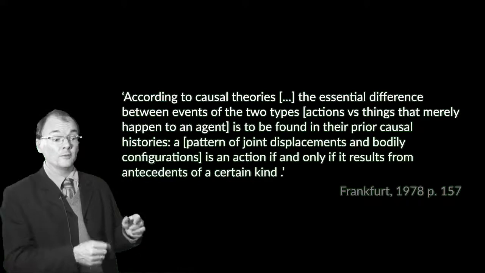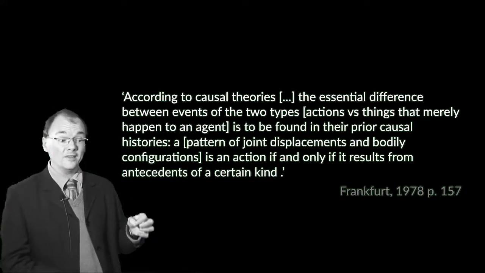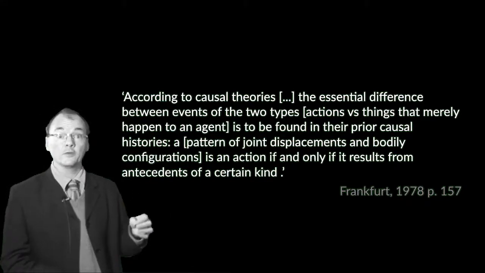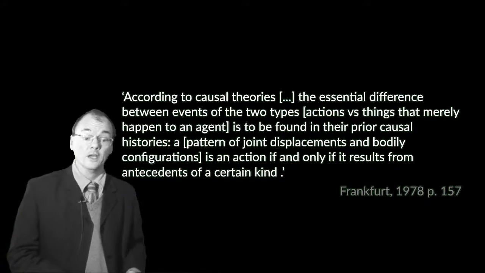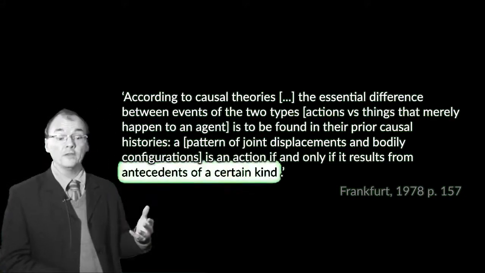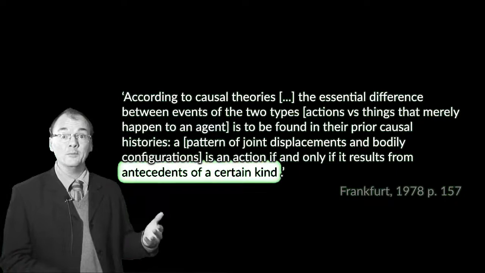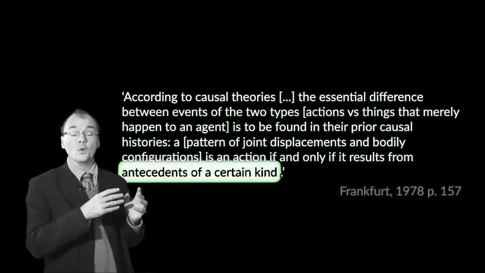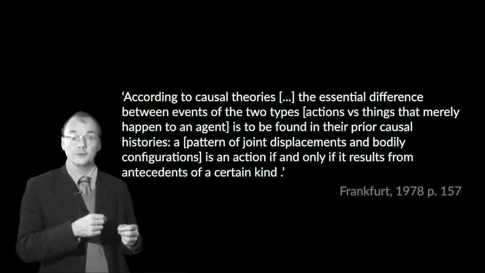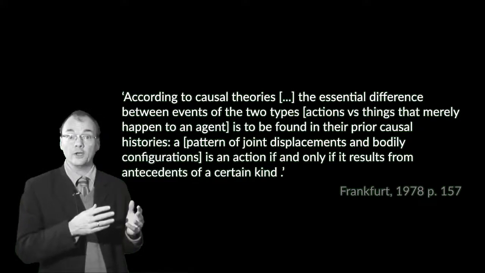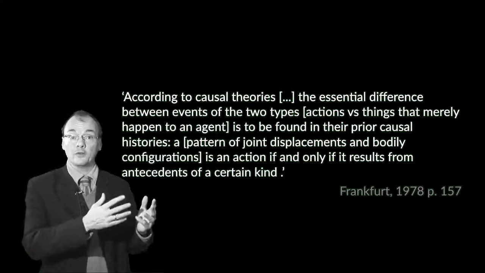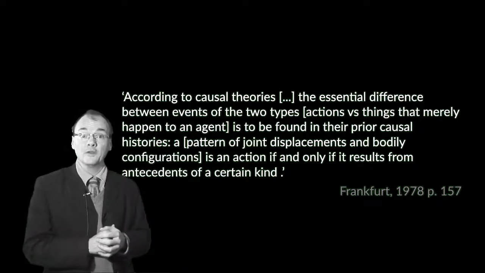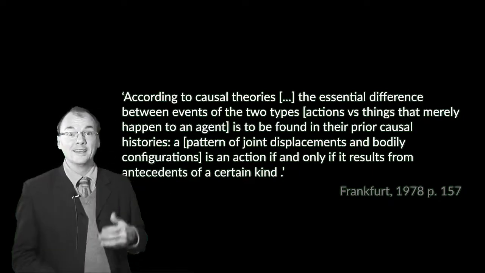A pattern of joint displacements and bodily configurations is an action if and only if it results from antecedents of a certain kind. And where Frankfurt says antecedents of a certain kind, he means intentions. So let's take a look. What is Frankfurt's objection to what I'm calling the standard story? How good is the objection? Does it work? And what's the alternative that Frankfurt proposes? Let's find out.